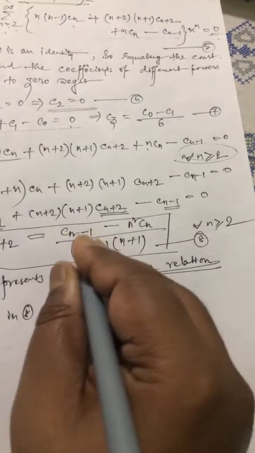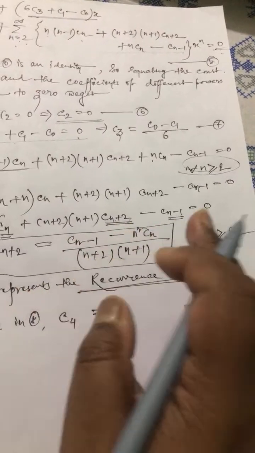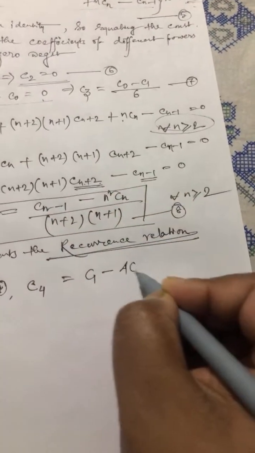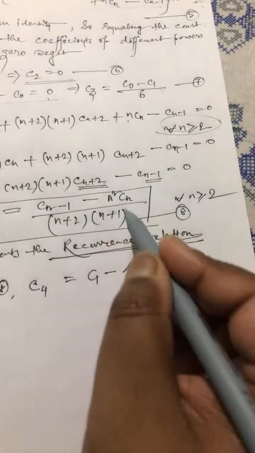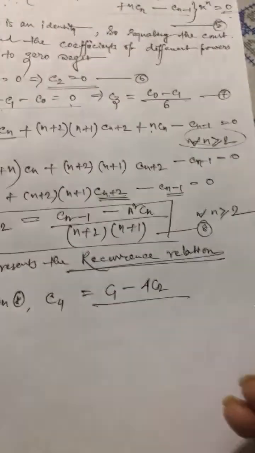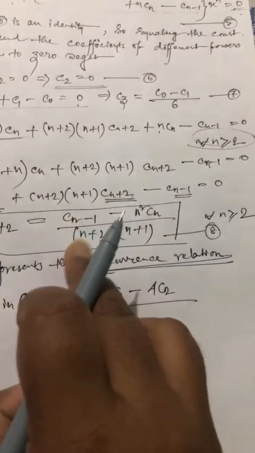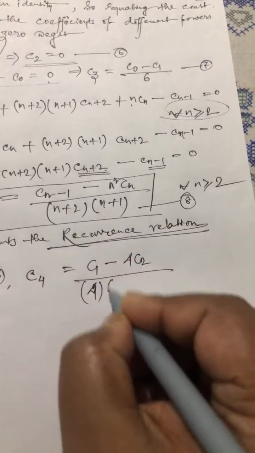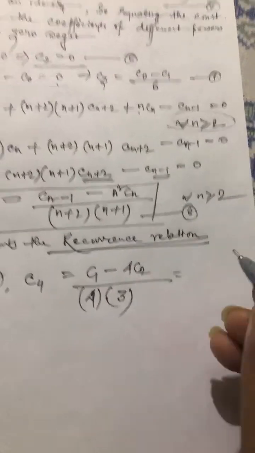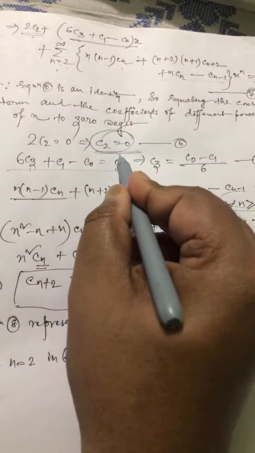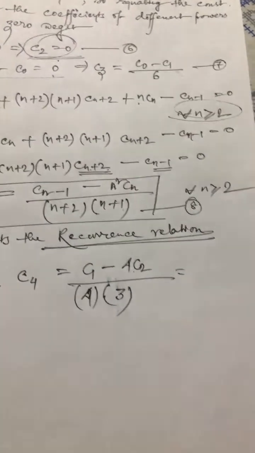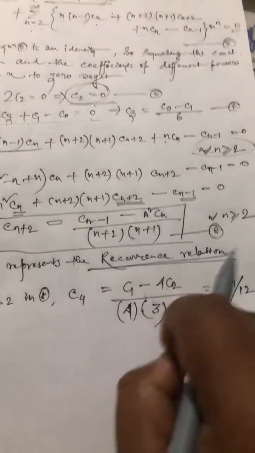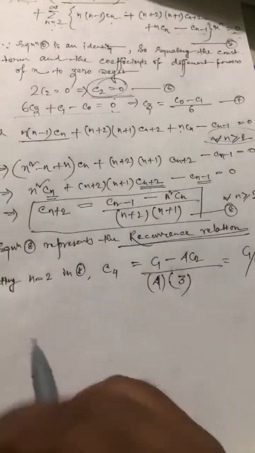Then on the right hand side you will get c1 minus, with n equals 2, n square, that is 4 c2, divided by n plus 2, which is 4, and then 3. But what is the expression for c2? Already we have obtained 0. This part is 0, so c4 is c1 by 12. See, c4 is also obtained in terms of c1.